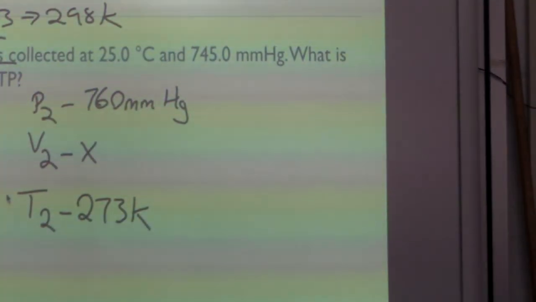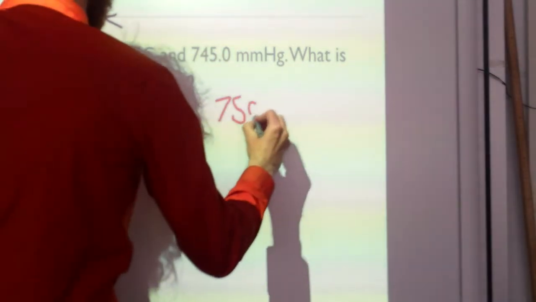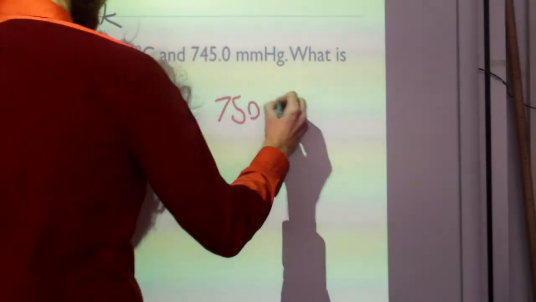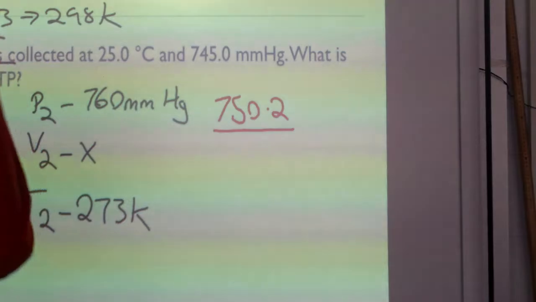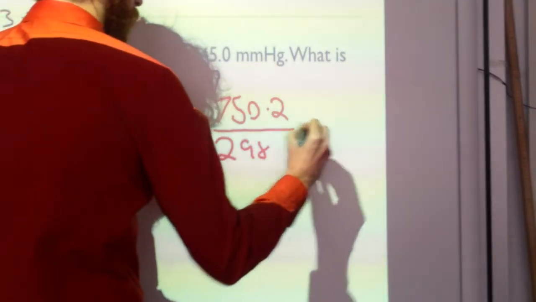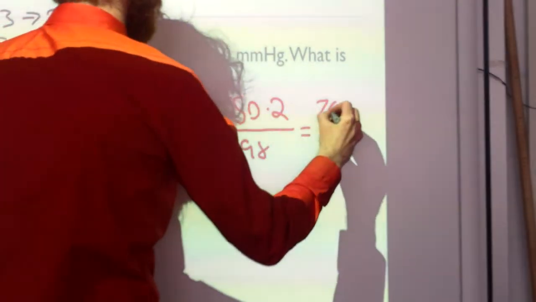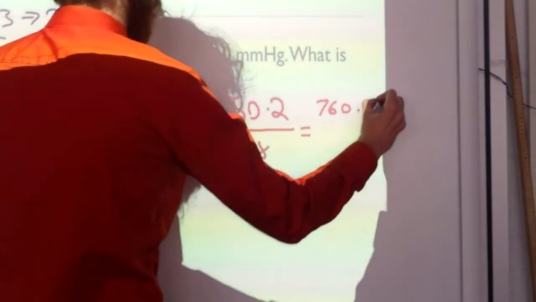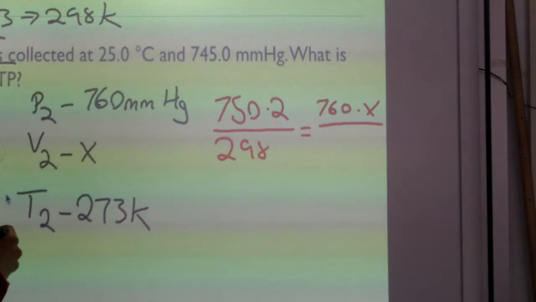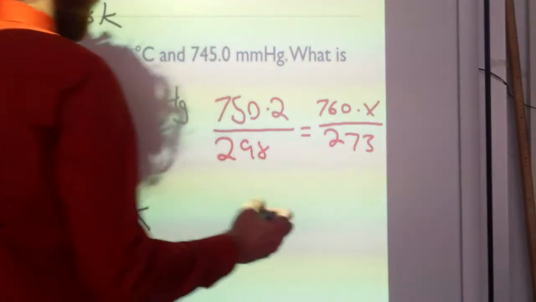All right, here we go. 745 times our volume 2 over our temperature. Our temperature is 298 at the beginning, equals our standard pressure, 760, times our unknown, our X, what is the volume, over our standard temperature, 273 Kelvin.